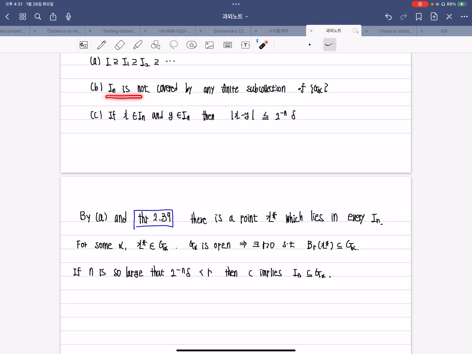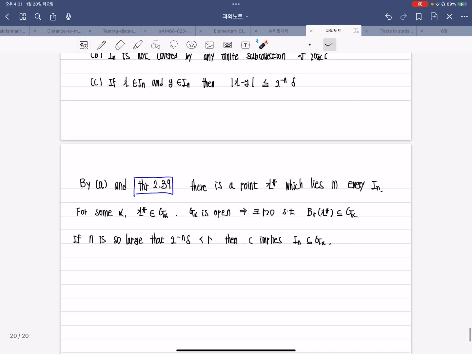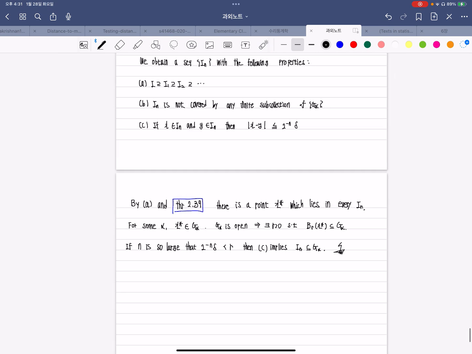B says that any I_n is not covered by any finite subcollection of G alpha. But by A and C, we can conclude that one I_n is contained in one G alpha. One is a finite number, so it's a contradiction. Thus we are done.